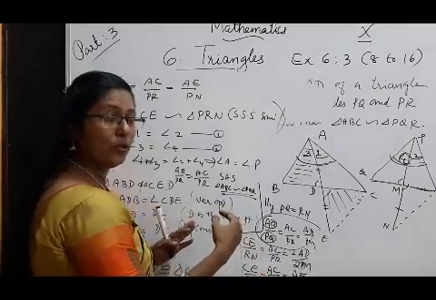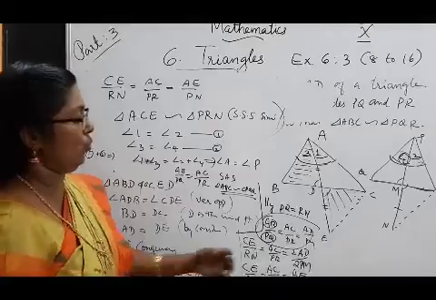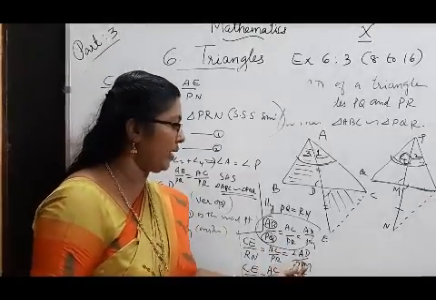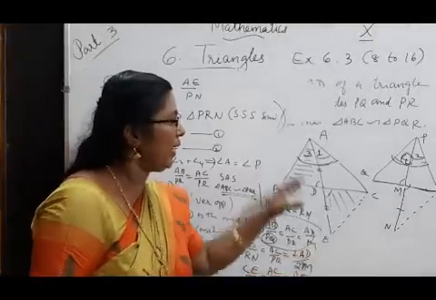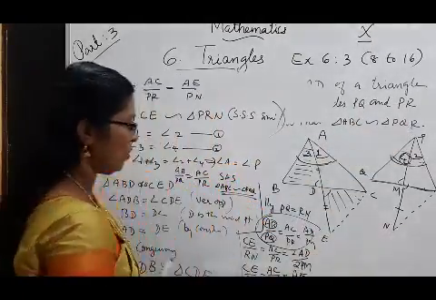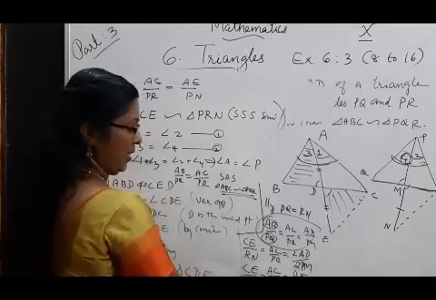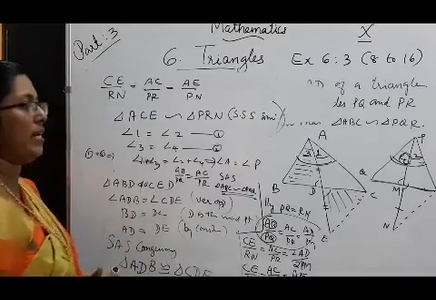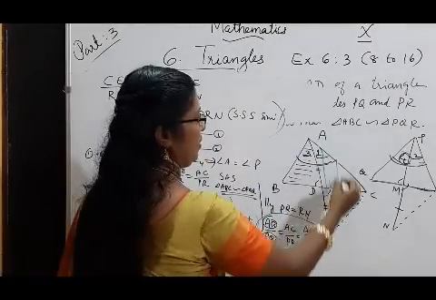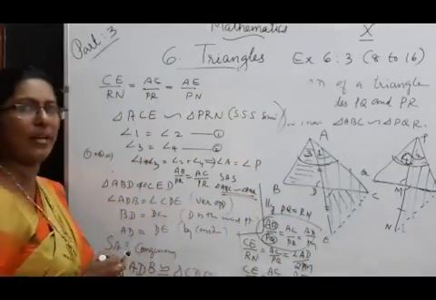Then multiply both numerator and denominator by 2: 2AD by 2PM. Study this carefully. Then 2AD is AE, and 2PM is PN. By SSS similarity criterion, these two triangles are similar.